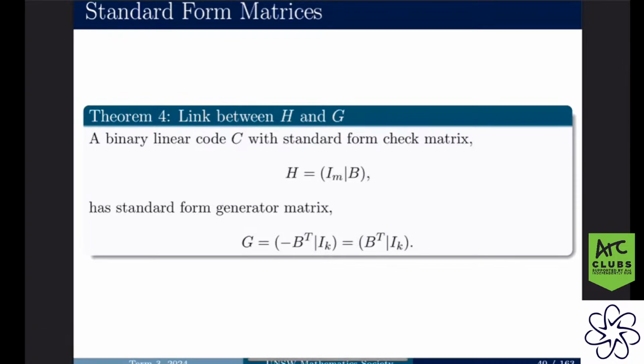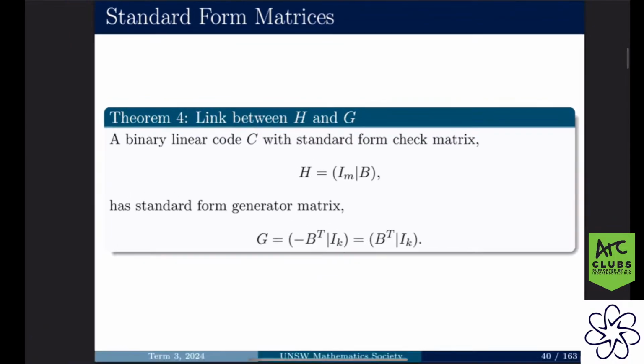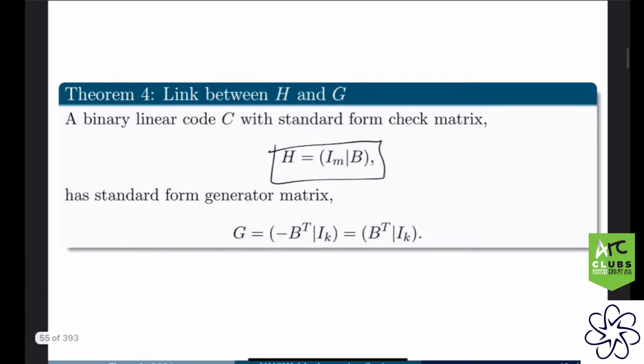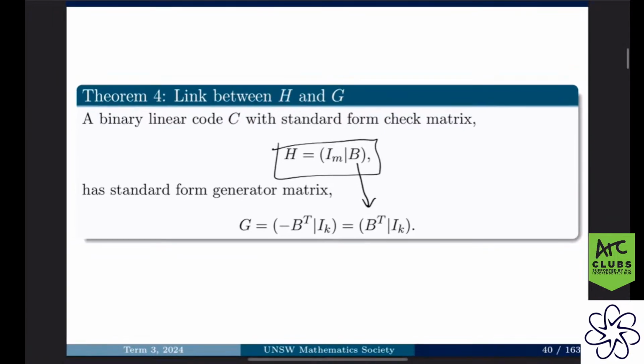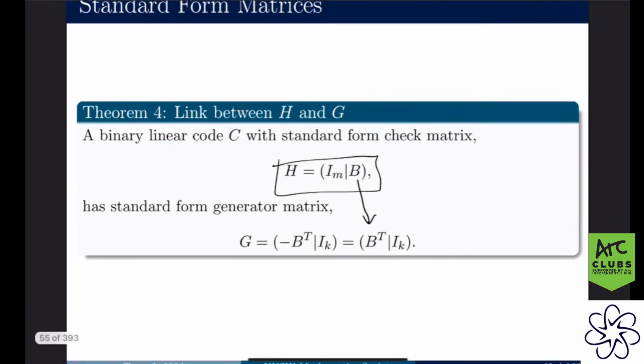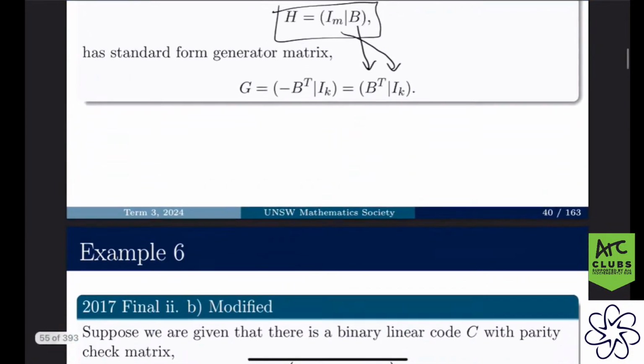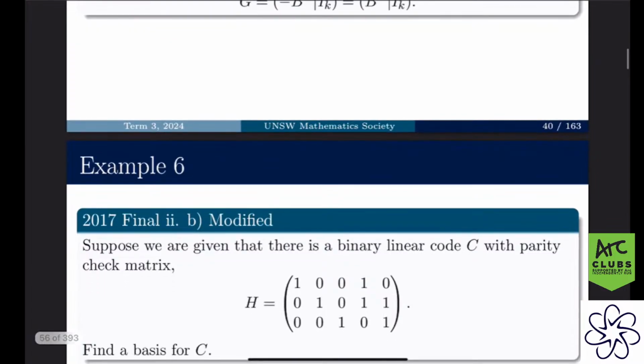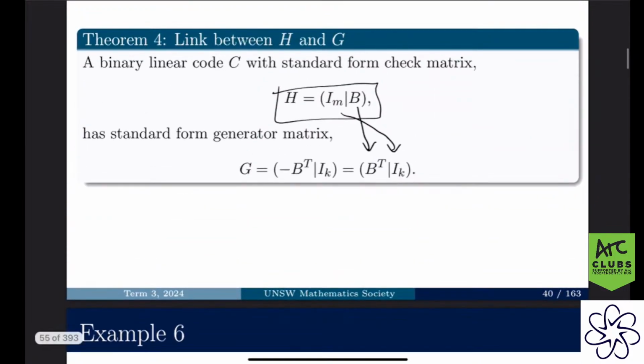So given a standard form check matrix of the form of the identity matrix followed by the basis as column vectors, we can transform it into a generator matrix by taking the transpose of the basis matrix, because the generator matrix has it as row vectors, and then also filling in the rest with an identity matrix. So going by what we said before, we have a parity check matrix of this form. H is equal to the identity matrix and the basis.